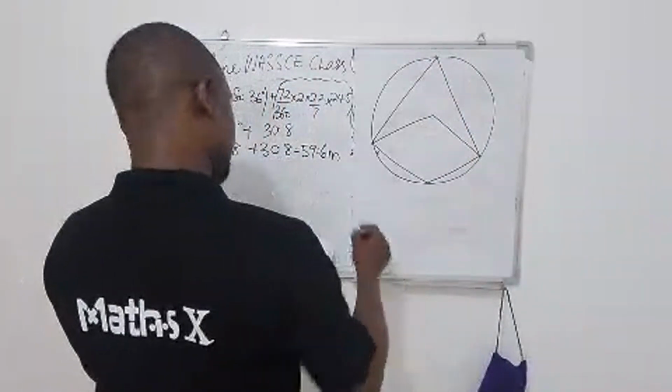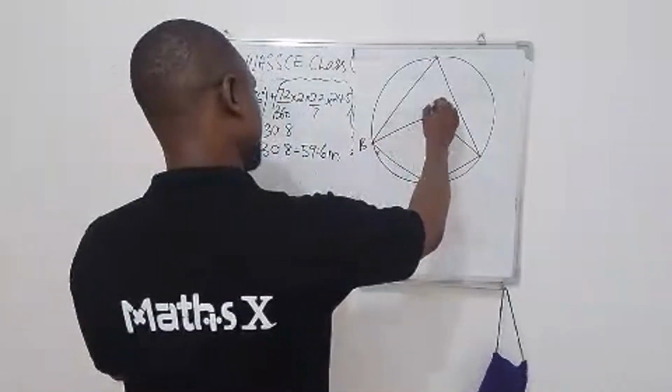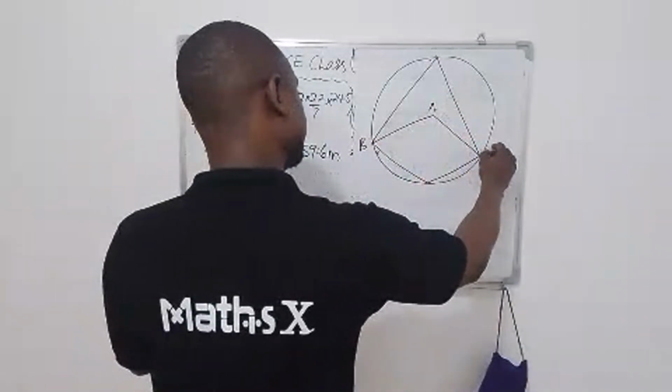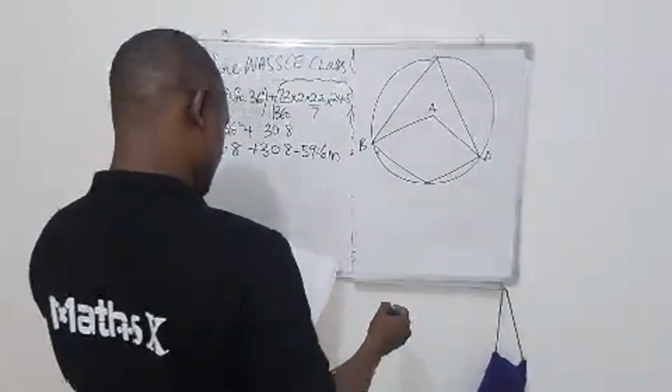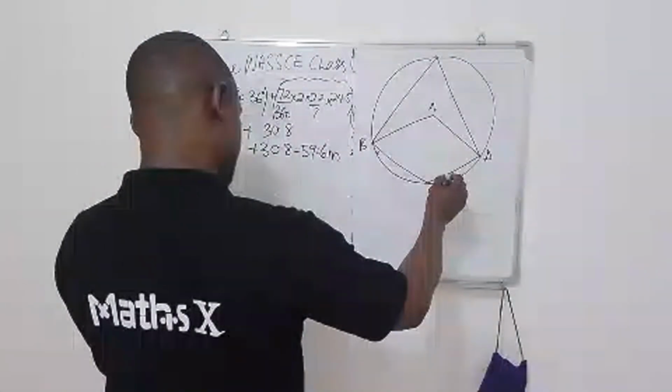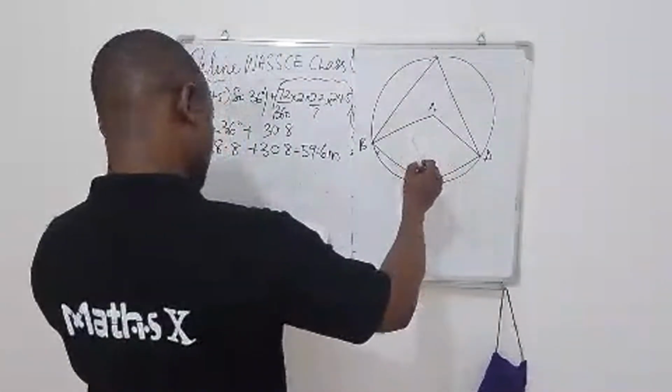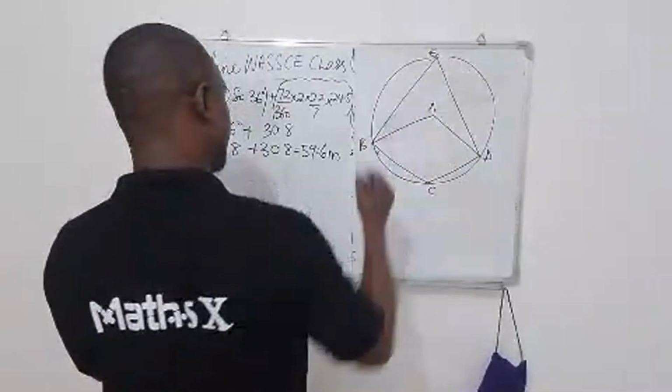So we have here B, A, D, C, and E. All right.